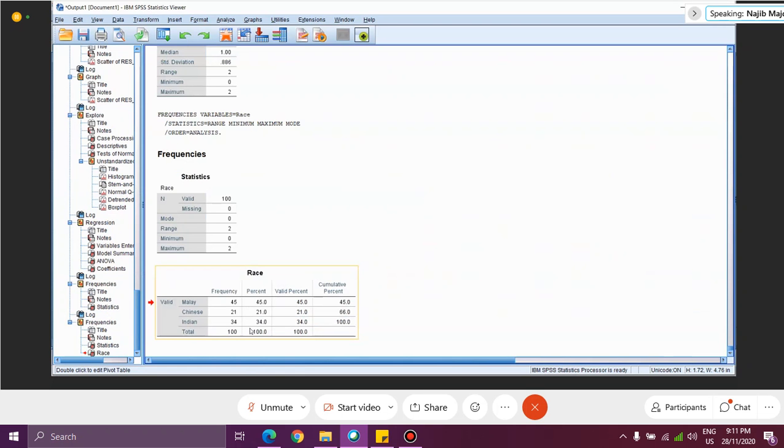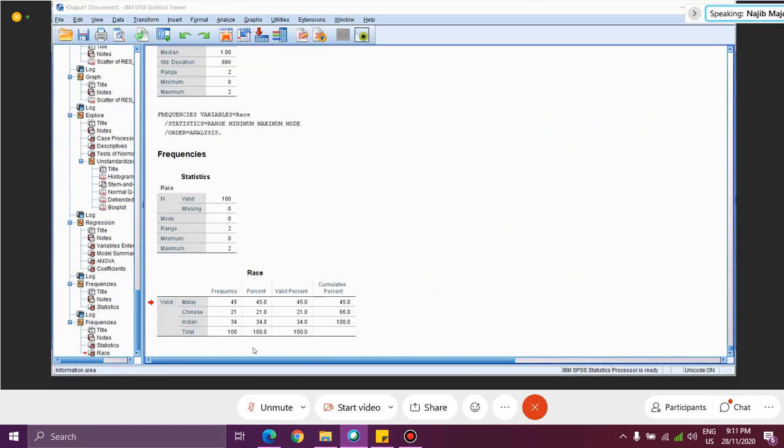For example, if you choose the first group as your reference group, you need to create two dummy variables. One is whether the person is Chinese or not, and the other is whether the person is Indian or not.